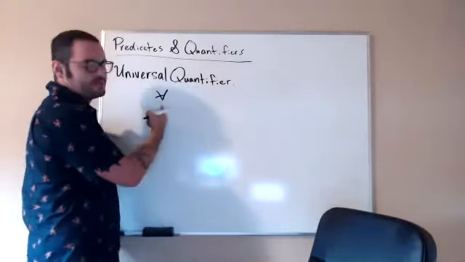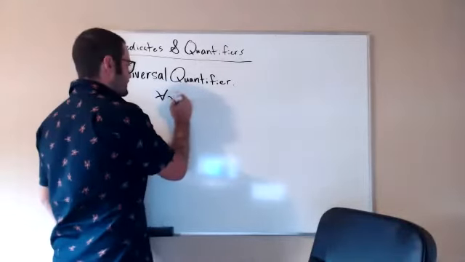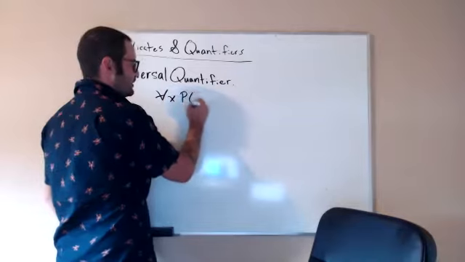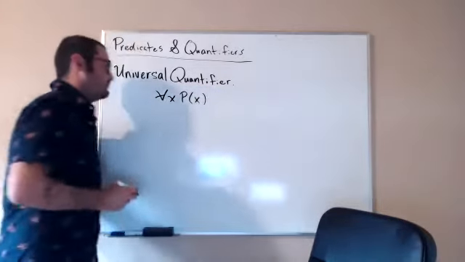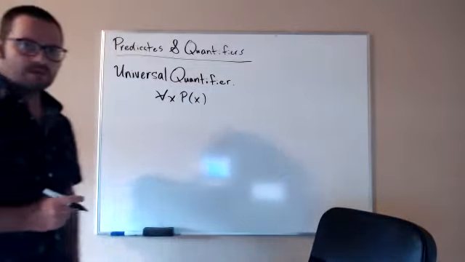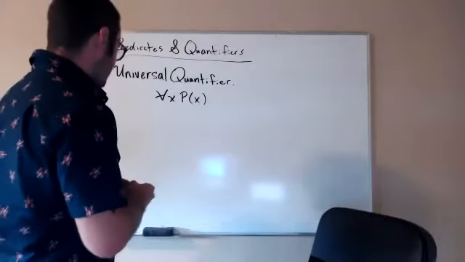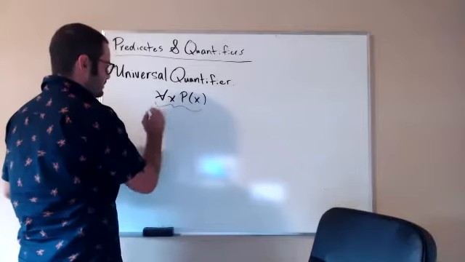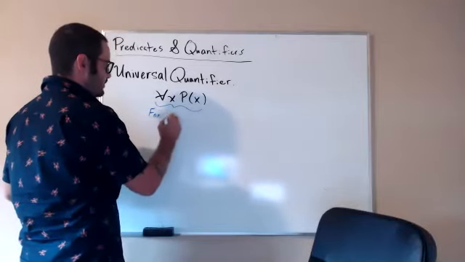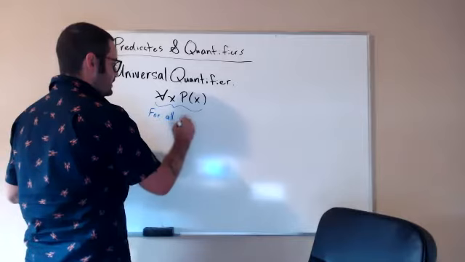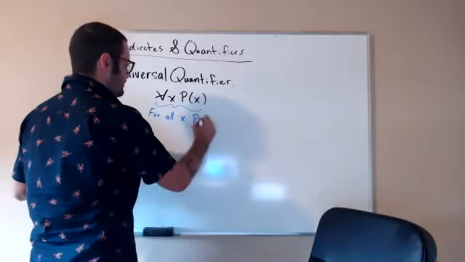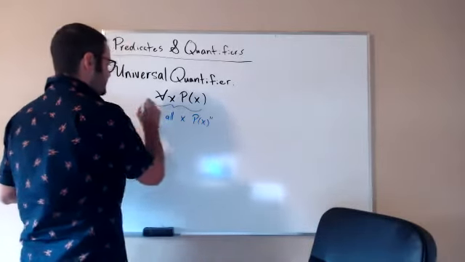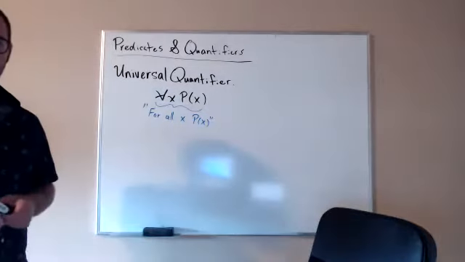That's actually called the universal quantifier. If P of x is a propositional function, we have this. Okay, so this reads, for all x, P of x. So that's how that reads. For all x, P of x.